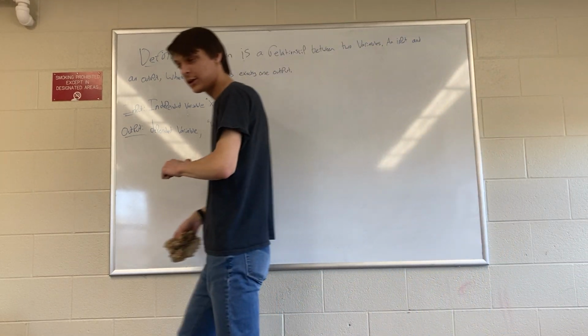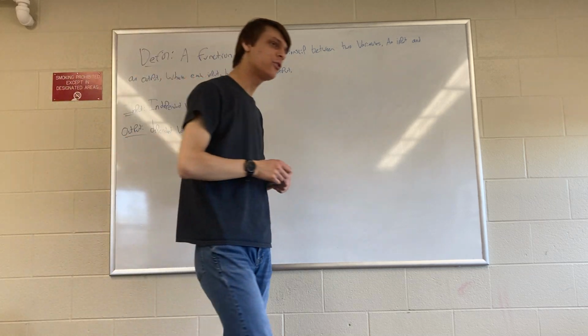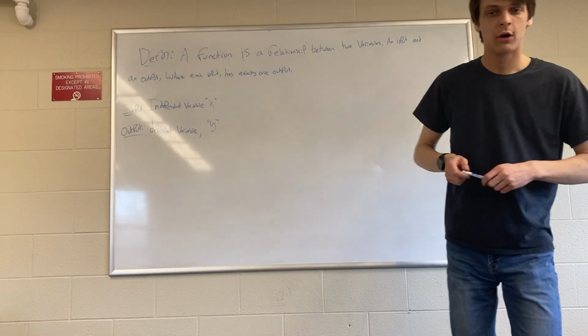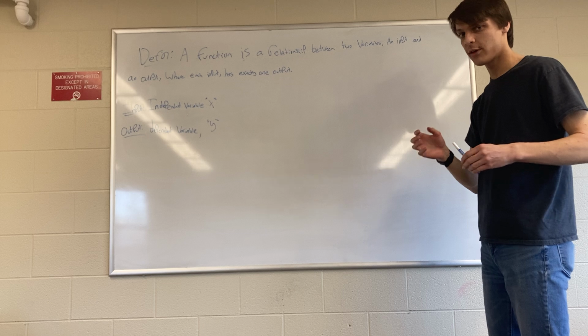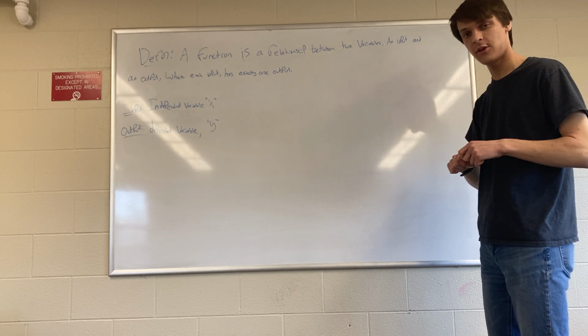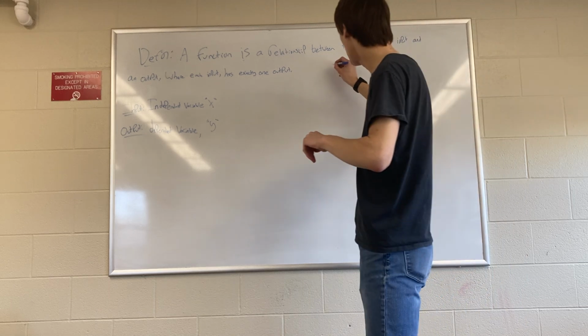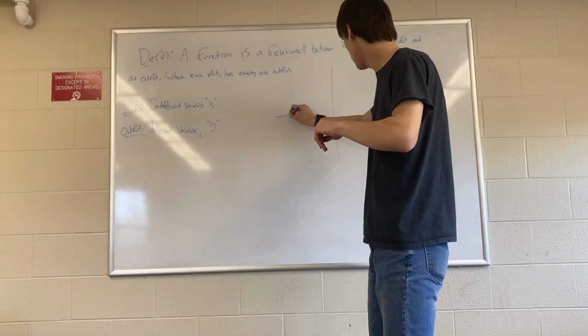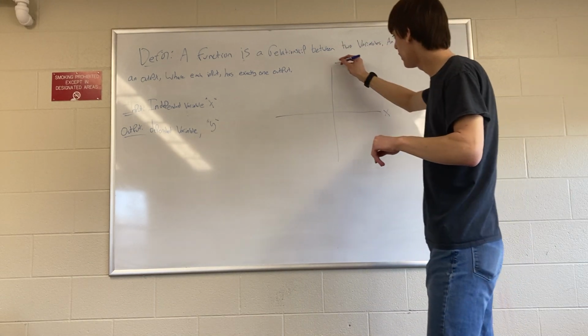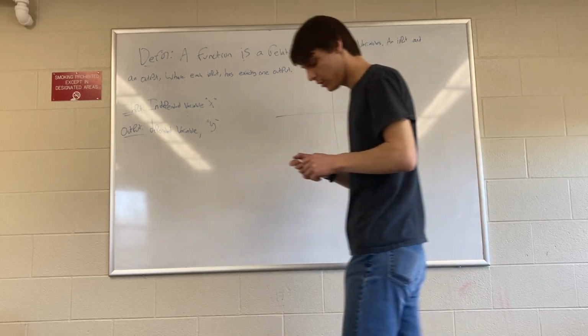The real way we like to represent functions is with graphs. So think back to last week again, where we were graphing equations in the coordinate plane system, and we're going to do something similar here. So let's draw our x and y axis. Let's change colors.